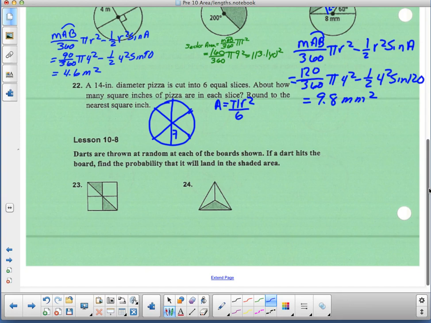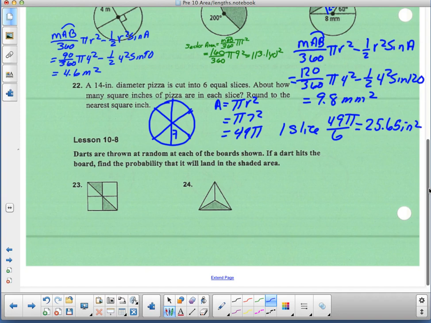So we're going to find my area first. Pi r squared, so I got pi 7 squared, so I got 49 pi. Now, one slice is 49 pi over 6, and that is the same as 25.65 inches squared per slice. So they say round to the nearest square inch, so this is about 26 square inches per slice.